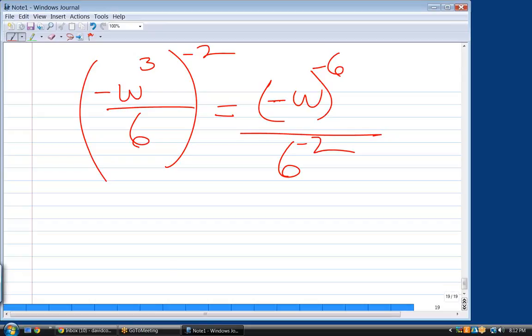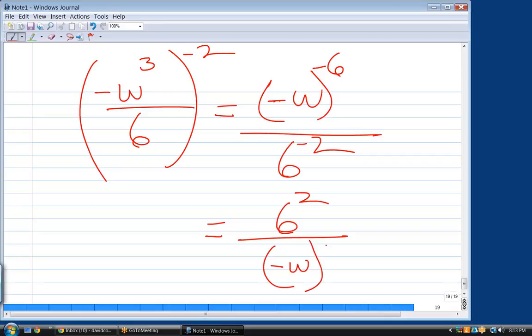Now, turn it into positive exponents. So you just switch it? Uh-huh. So it would be 6 to the power of 2 over negative w to the power of 6.